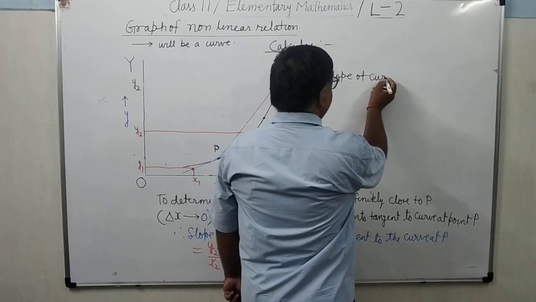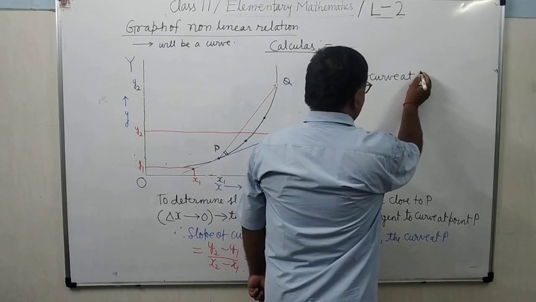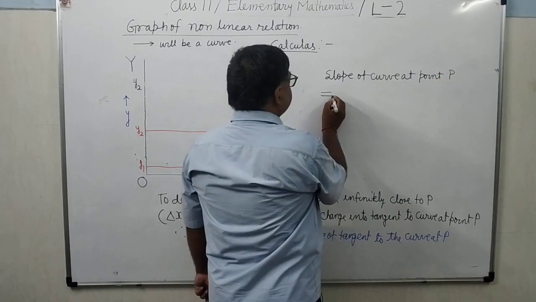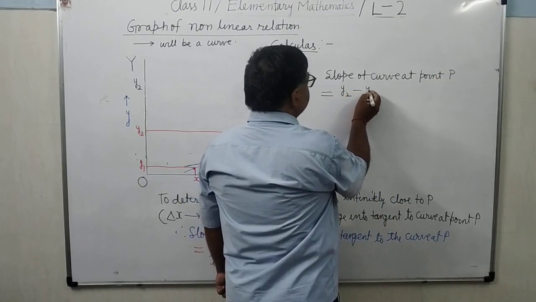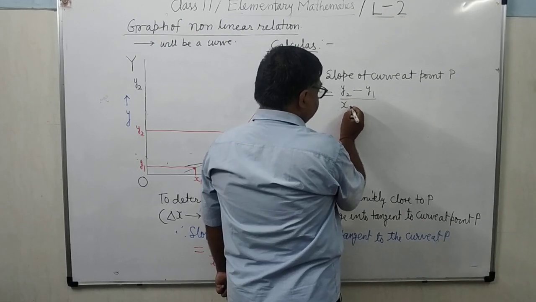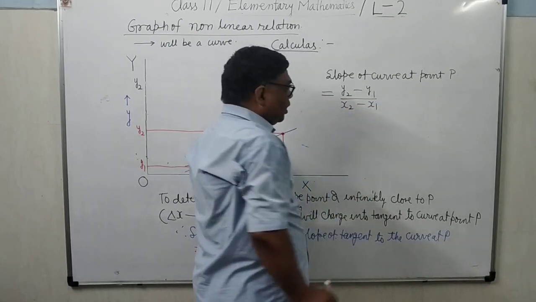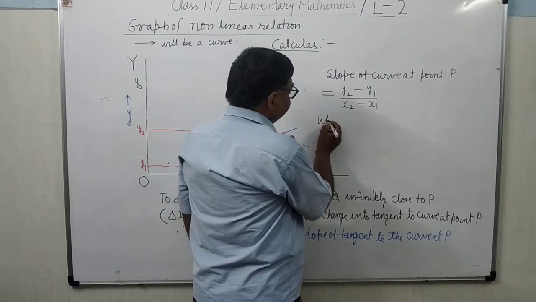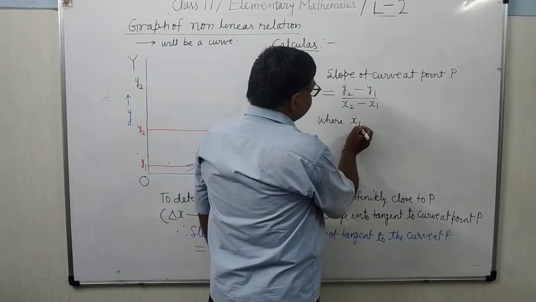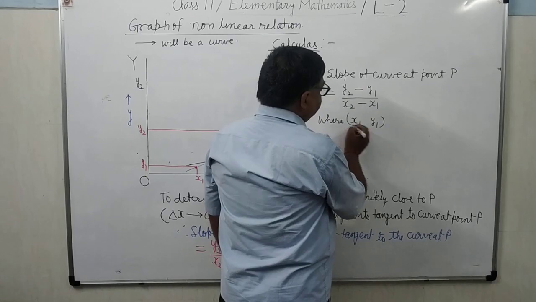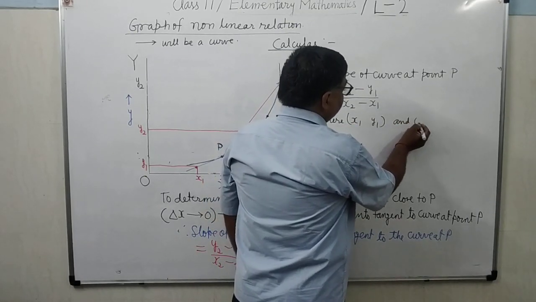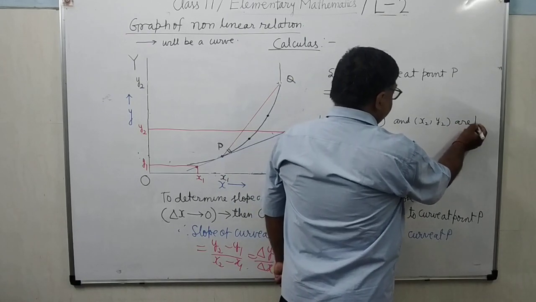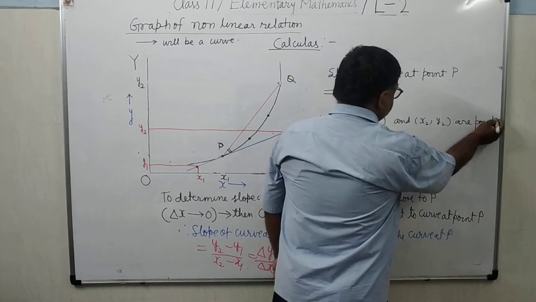the curve at point P is equal to (y2 minus y1) upon (x2 minus x1), where (x1, y1) and (x2, y2) are points on the curve.